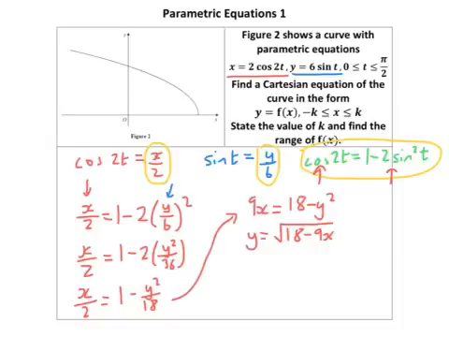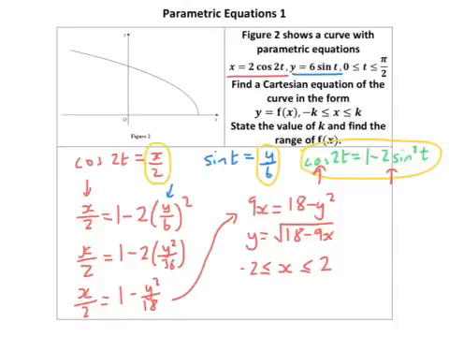Now, ultimately, x can't be more than 2, because then I get a negative under the square root. So we get minus 2 to 2 there, because you can't square root a negative.